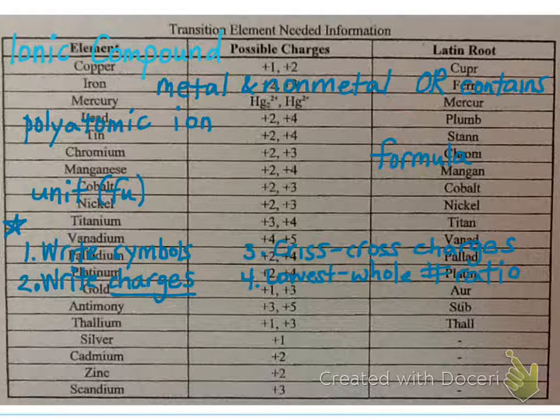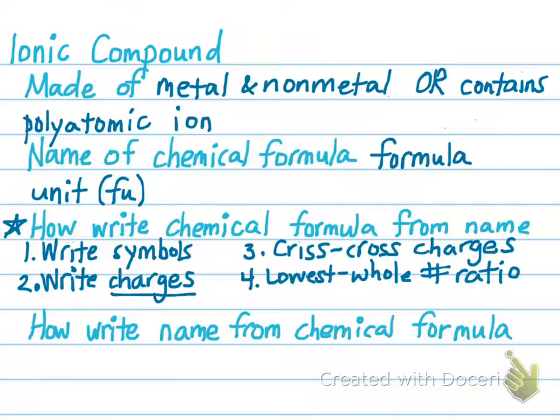Or I can have the Latin root in either us or ick. Us is the lower charged one, so you have to look at these and see which is the lower, and ick is the higher charged. Okay, so again, really important you know where your helper sheet is to help you with writing these names.